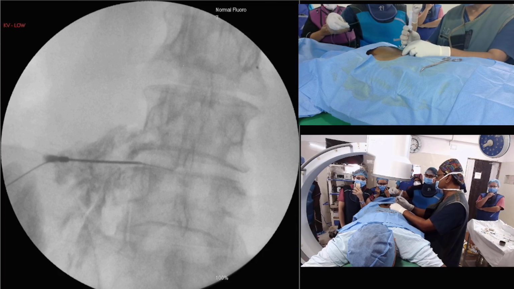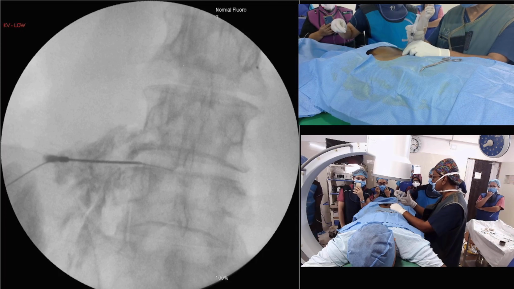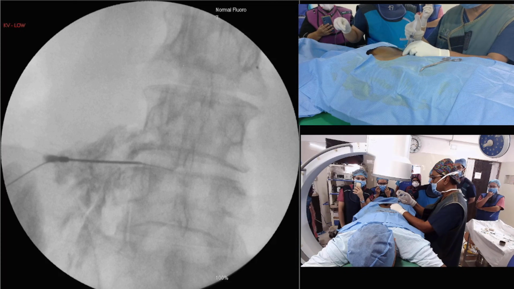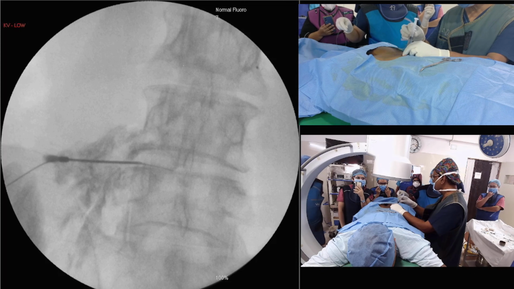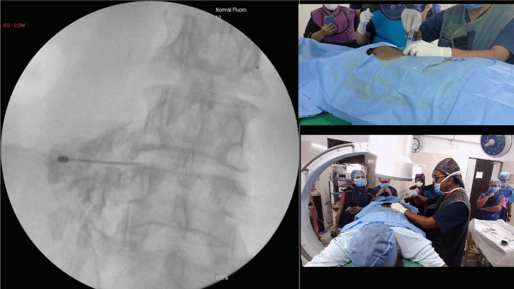Normal saline is injected again. Then steroid is given along with local anesthesia and needle is removed.